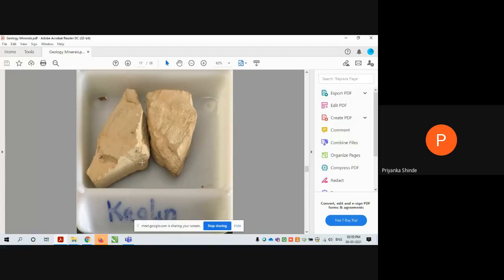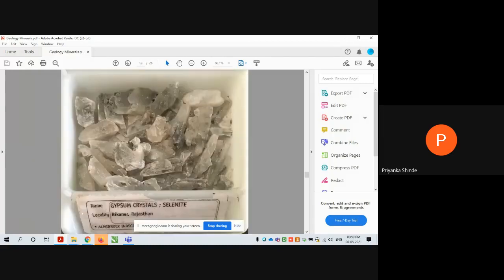The main use of this is in paper, paint, and textile industries, then in cement, and even in china ware and the brick industry. These are the uses of kaolin. Then next is gypsum. Gypsum is again very important from an engineering point of view.